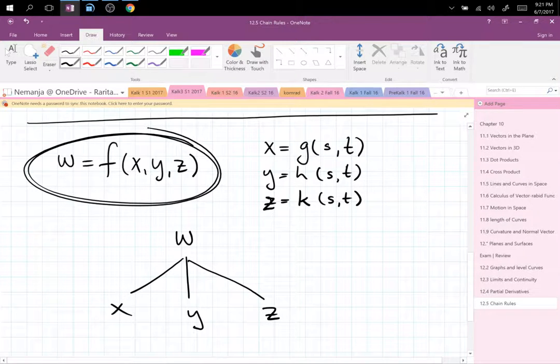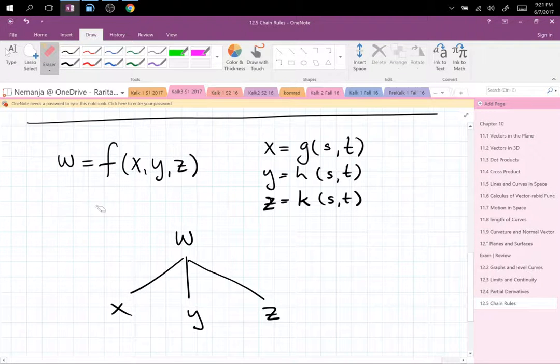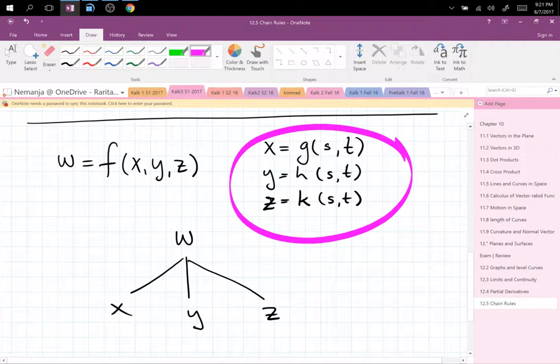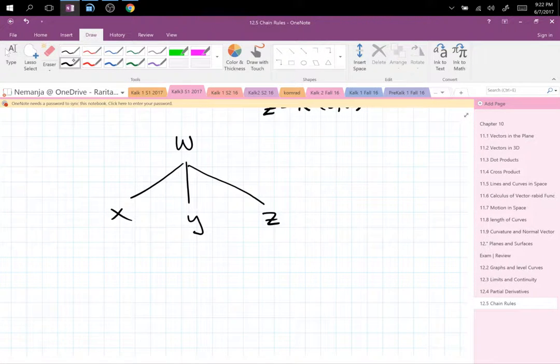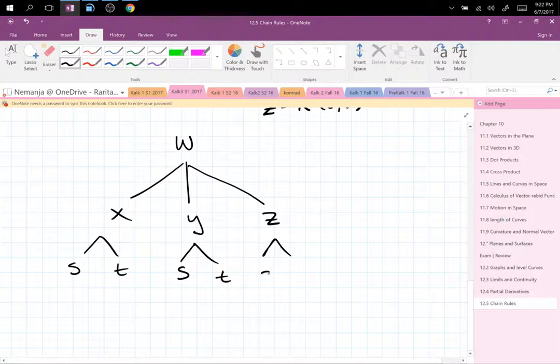Now, from these secondary functions, we see that each of x, y, and z branches into 2 additional branches. So we are going to branch each one of these and give them s, t, s, t, s, t.